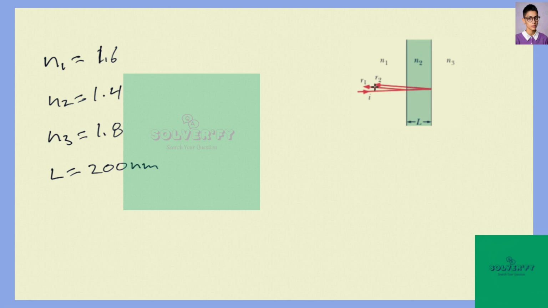So for no light to reflect, it means that these two rays here, R1 and R2, which are reflecting off the first surface and the back surface, so R1 reflects off this front surface and R2 reflects off this back surface, have to come off half a wavelength out of phase, such that one ray looks like this and the other ray looks like this. And so the net amplitude, when you add these together, is 0.